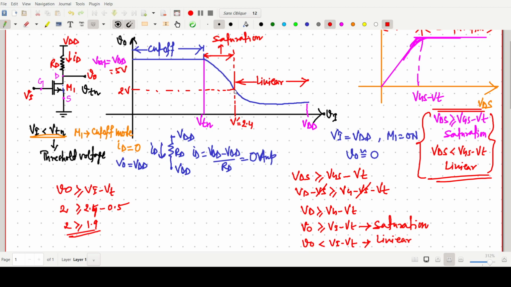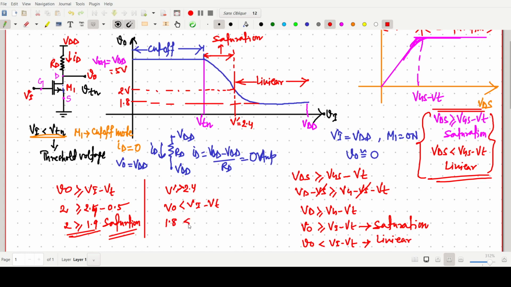But when we exceed the input voltage beyond 2.4, the output voltage will be less than Vi minus Vt, because in this case, if we take any point, say this value is 1.8 by assumption.